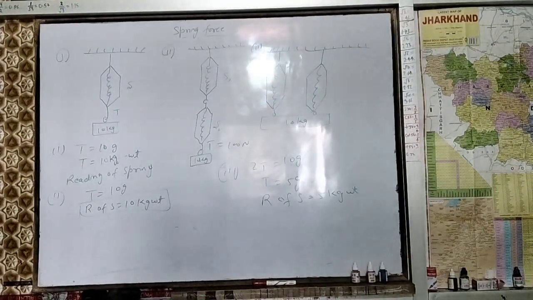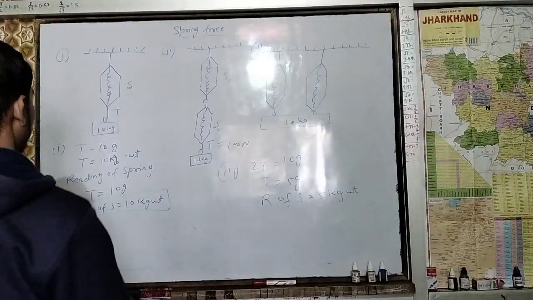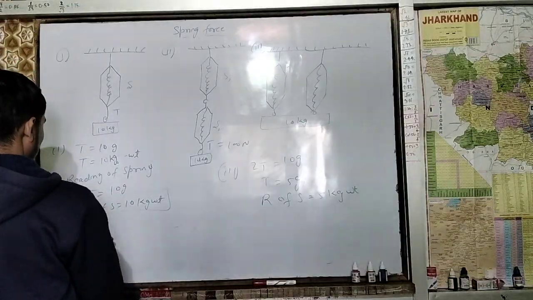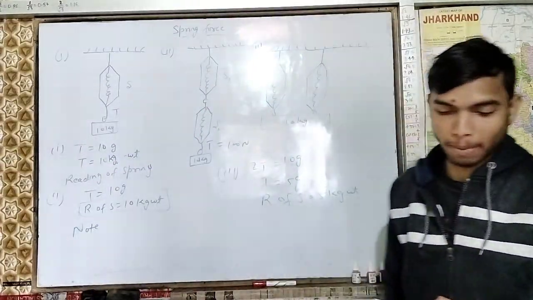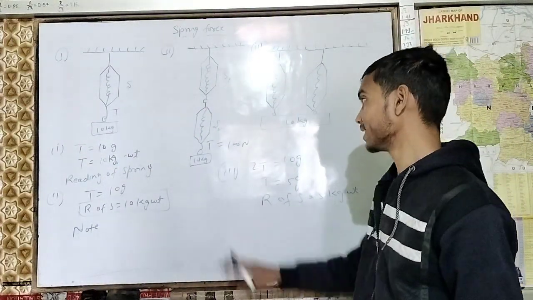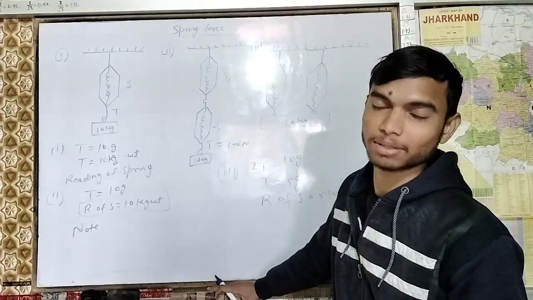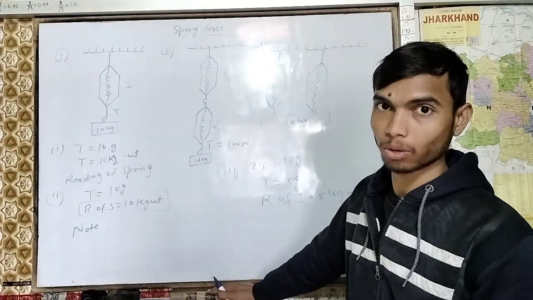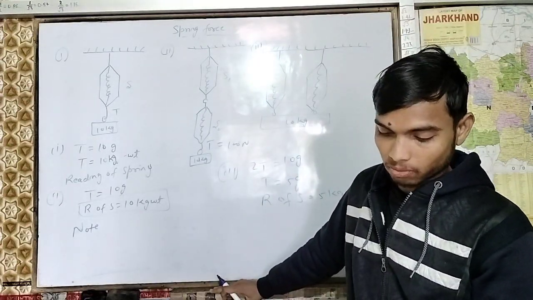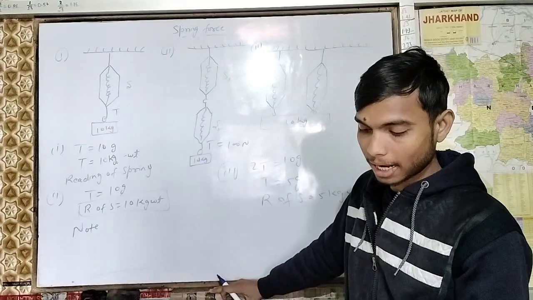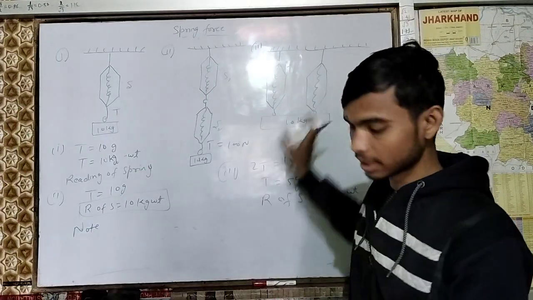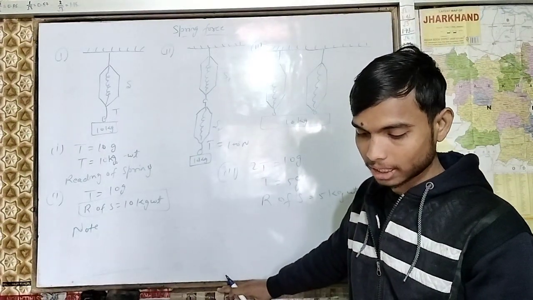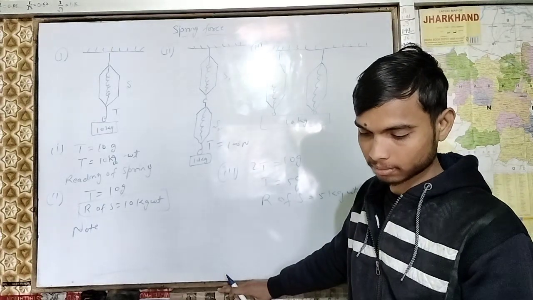Now the main points for this concept, write in this section of your note. When spring balances are connected, you can see this was connected vertically and this horizontally. So in a note: when spring balances are connected in series, then the reading of each balance is the same.